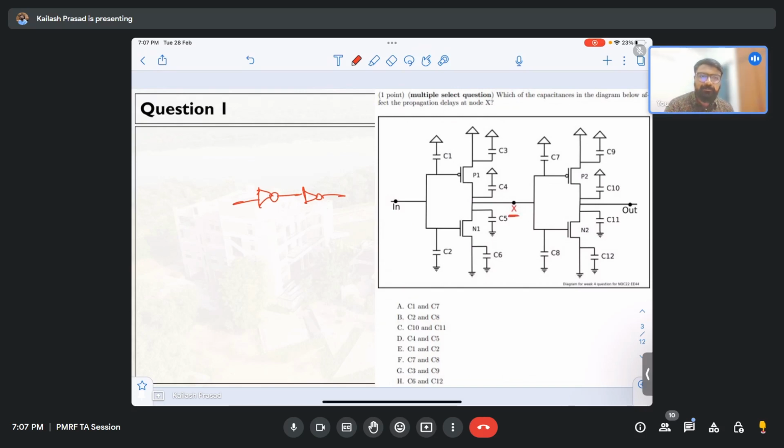At this particular point, which of the capacitances in the diagram will affect the propagation delay of node X? X will have some propagation delay because capacitances are associated with it. Many capacitances are there, C1 to C12. Which of them will affect the propagation delay? It's a multiple select question. Can anybody tell me the answer quickly?